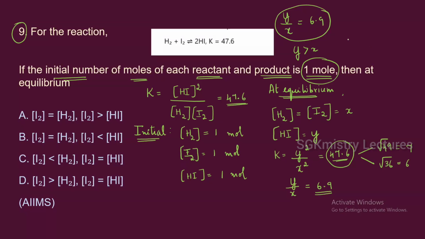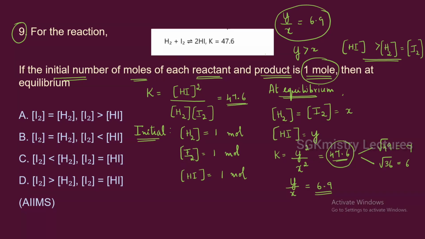So that means the concentration of HI is greater than the concentration of H2, which is equal to the concentration of I2. This relation is very important for us to identify the relation between the various concentrations of the reactants and the products at equilibrium.